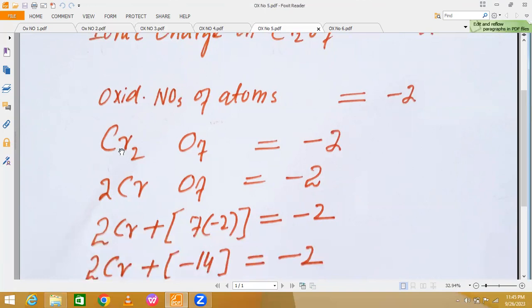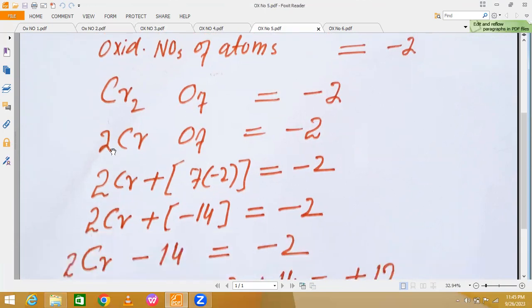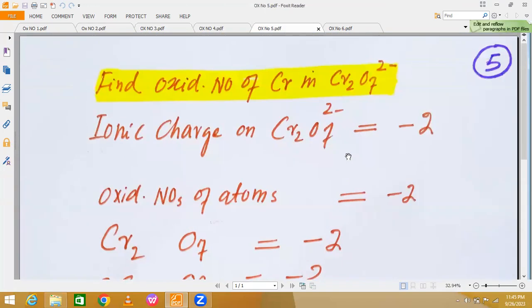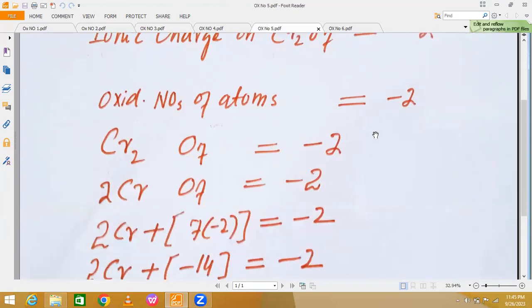Here there are 2 atoms of chromium and 7 atoms of oxygen. So we can write in this way: 2Cr plus 7 into -2 should be equal to -2, because the total charge on dichromate is 2-.